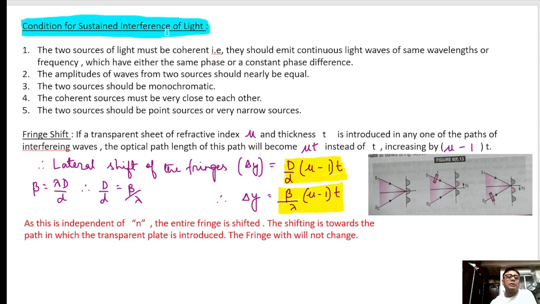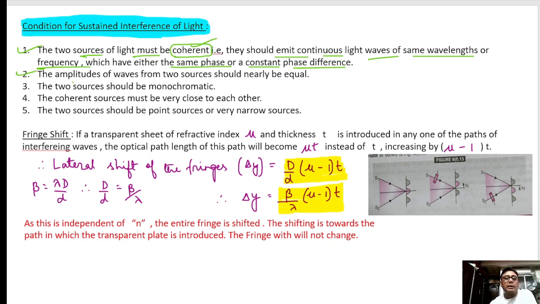If I want to constantly get an interference pattern, what are the things I have to maintain? Number one, the two sources of light must be coherent. Very important. That means they should emit continuous light waves of the same wavelength or frequency and should have a constant phase difference between them. Coherent source is very important.